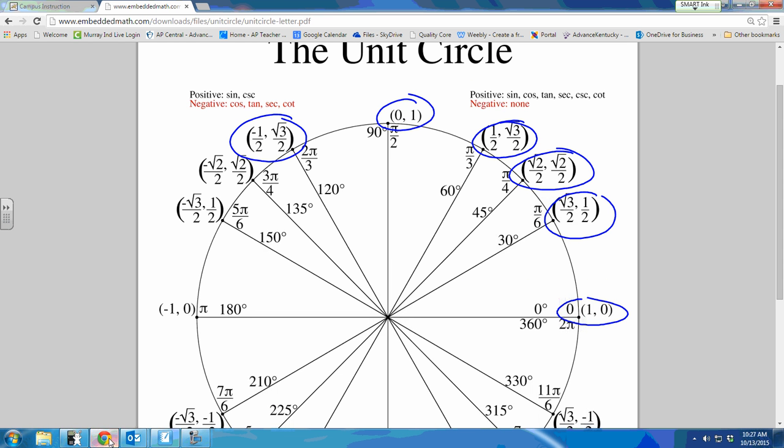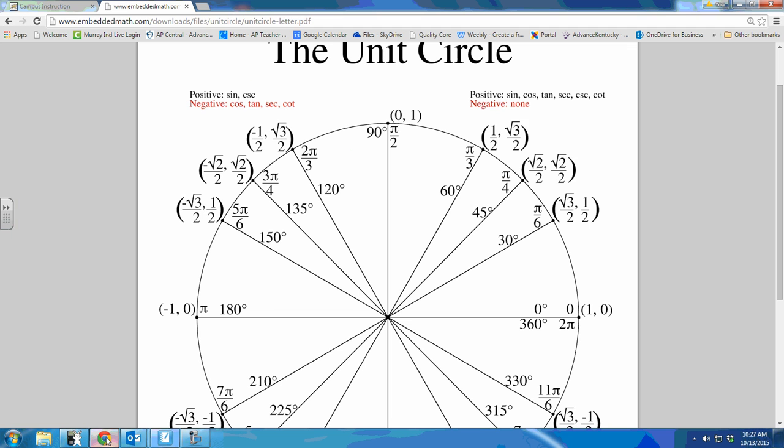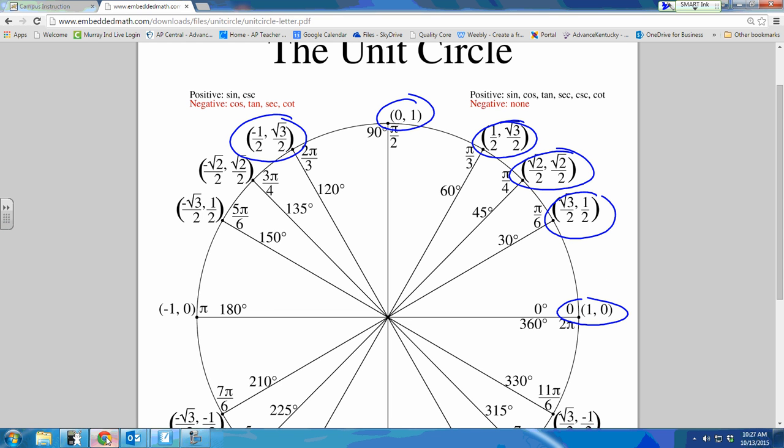And then at 3 pi over 4, we have the square root of 2 divided by 2 over the negative square root of 2 divided by 2. So that's -1. That's down here. And then at 5 pi over 6, we have the same thing we had at pi over 6, just negative. So that was 0.577. But now I have -0.577.